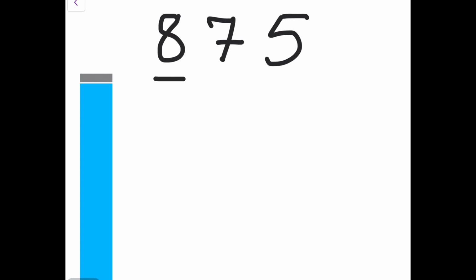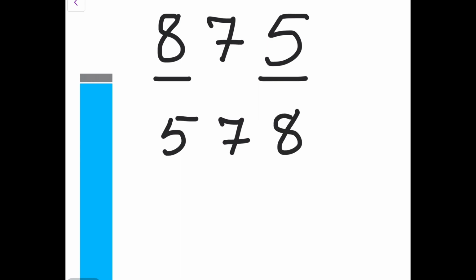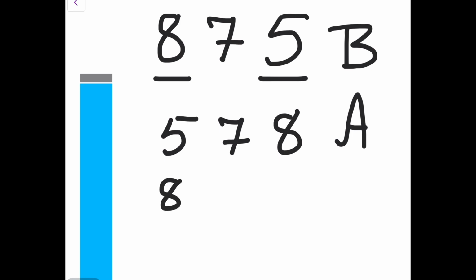If I shift the digits at the first and third places, I will reach a number 578. So before shifting it is 875 and after shifting it is 578, and they are not the same before and after shifting.